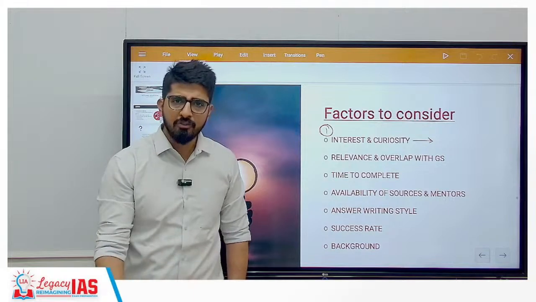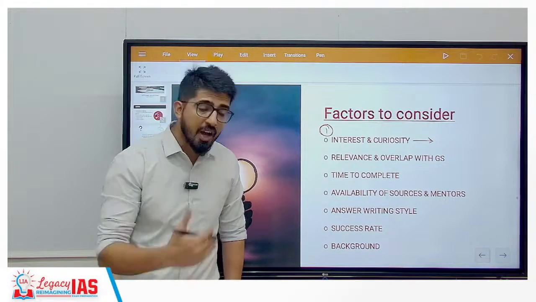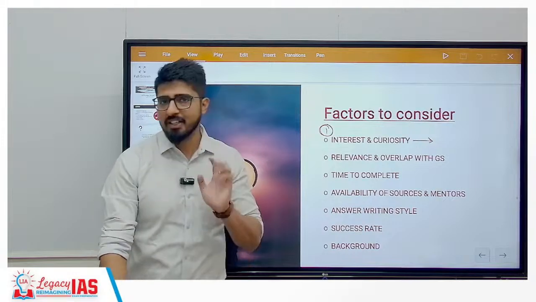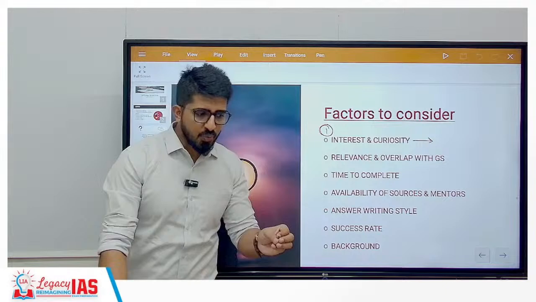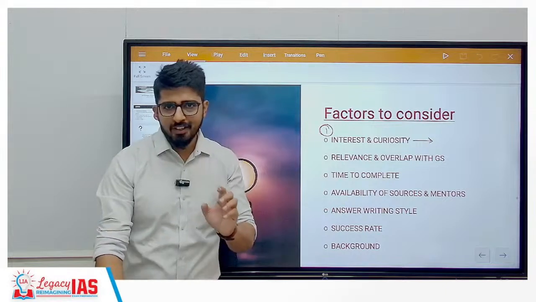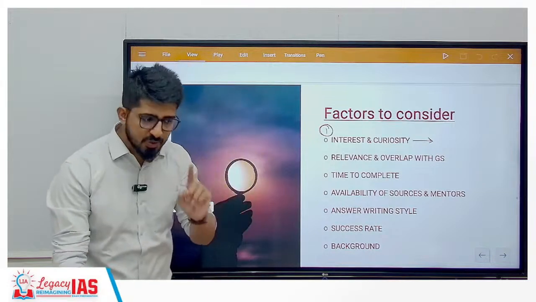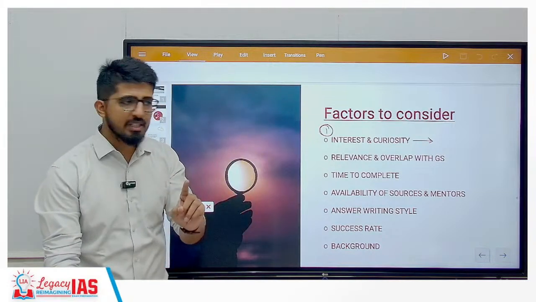Something extra you have to do, and you have to add it in your content, in your answers. And for that to be done, you need to have the interest. So without interest, you'll not search for anything, you'll not dig deeper. That is why this becomes important. The first and the foremost thing to choose an optional is interest and curiosity.